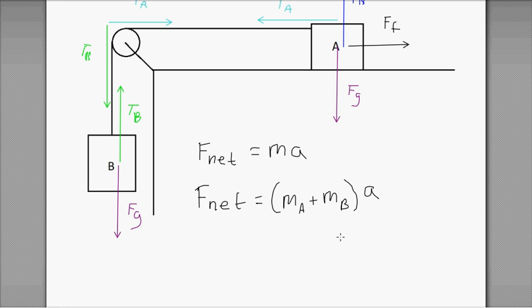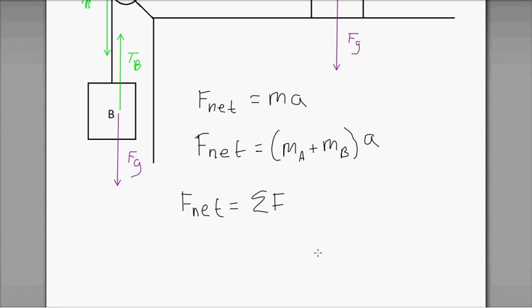Okay, let's make our other F net formula real quick, guys. In this case, I like to keep it very simple. I'm just going to do a summation of all your forces. But if you wanted to be professional, you'd say F net X is the sum of all your forces in the X, and F net Y is the sum of all your forces in the Y. That's how a true professional would approach this problem.